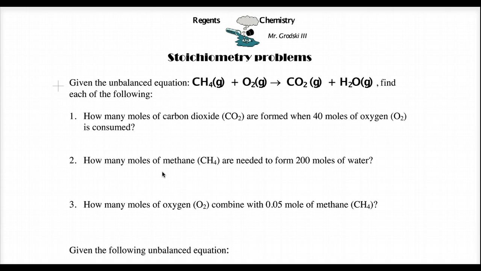As we've looked before, the reason that we balance chemical reactions is to find something called coefficients. And these coefficients tell me something called mole ratios. Any balanced chemical equation, by following the law of conservation of mass, we're going to find this ratio.